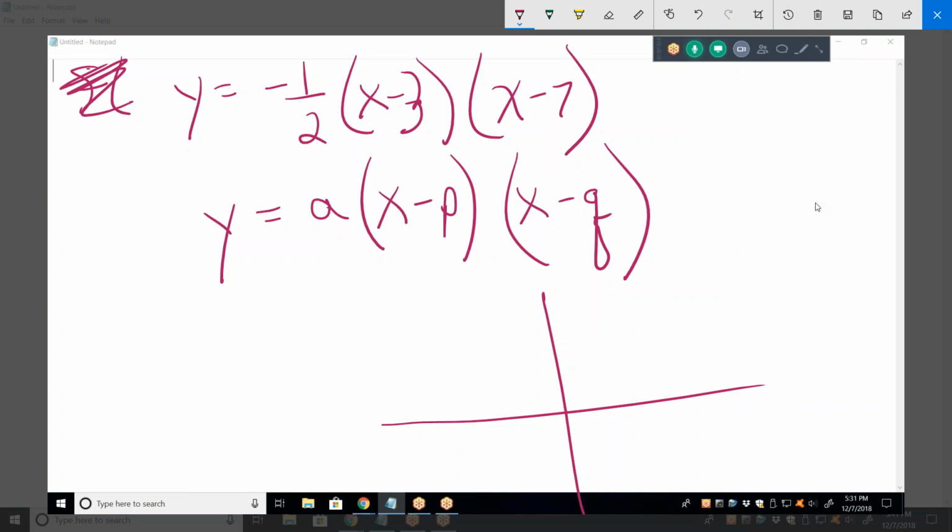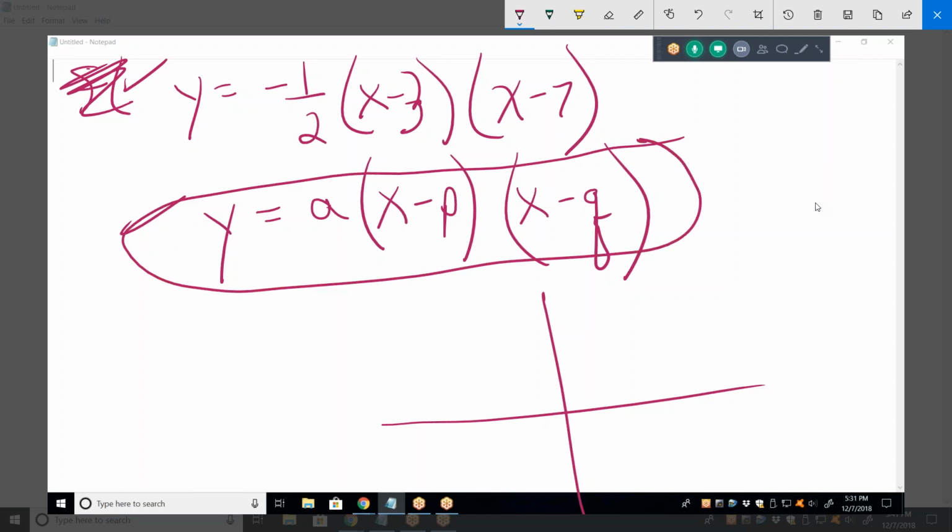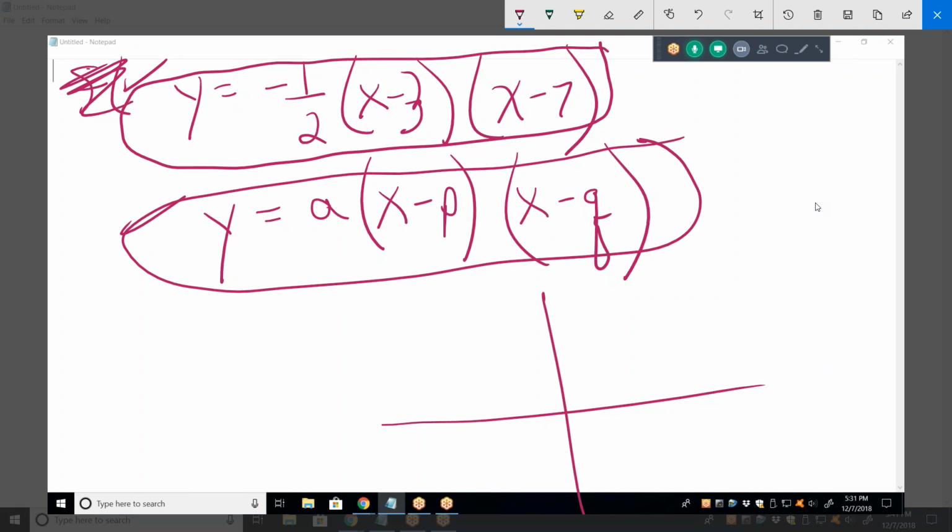Okay, what you're doing, Nathan, is comparing this with this. So match up everything. What is a? Look at your standard format. Now look at the function they gave you, which is in that exact format.